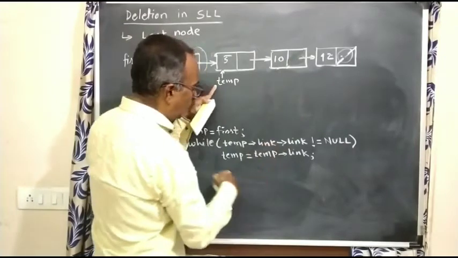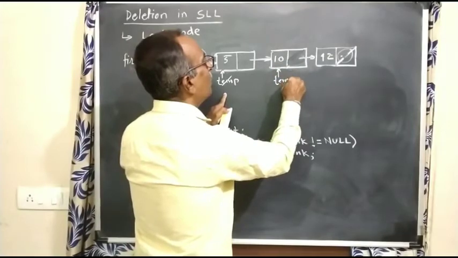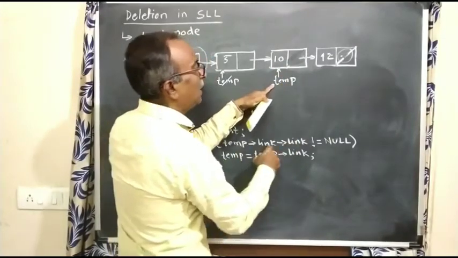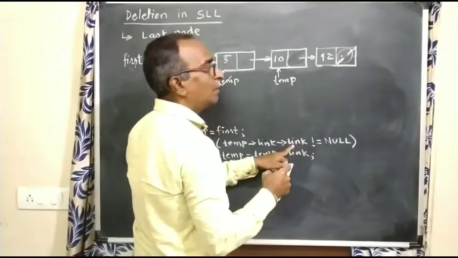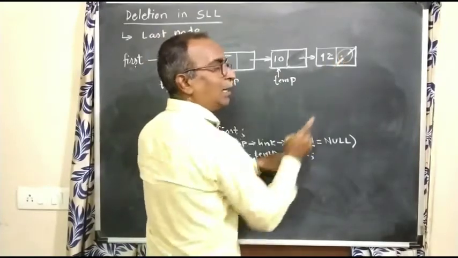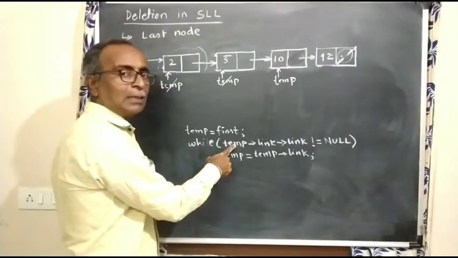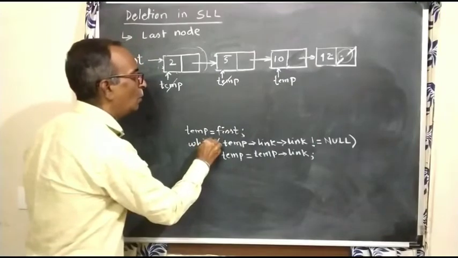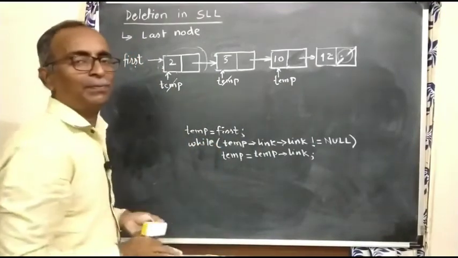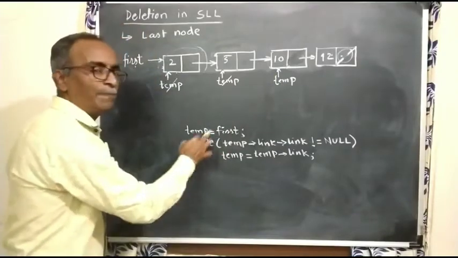It is not null. Temp is moved. Temp will point here. Then temp's link means this node. This node's link field. This link field is null now. When null, this condition is false. When the condition is false, temp will stop there and you have located the last but one node. That's it. Temp is pointing to the last but one node after this loop.